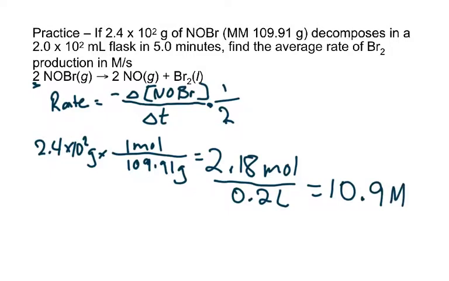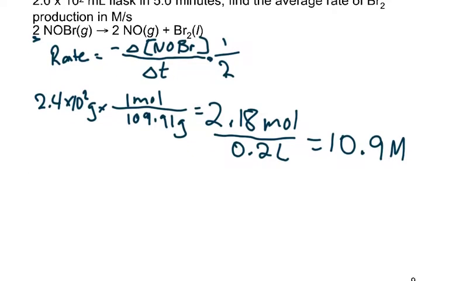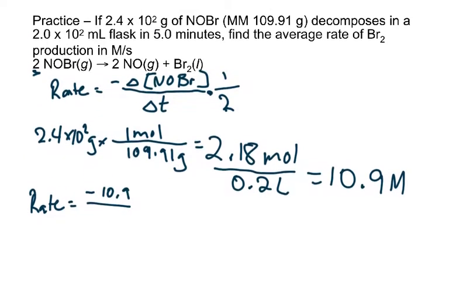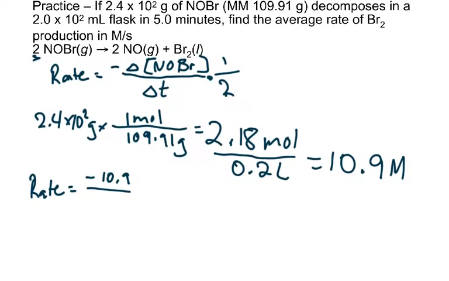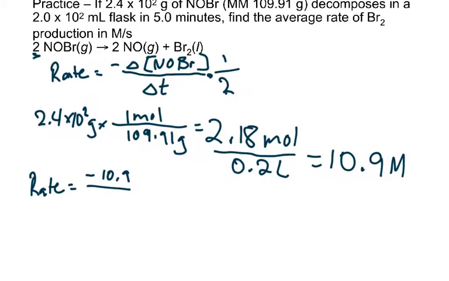And so my rate is going to be negative 10.9 because it fully decomposes, so it goes from 10.9 down to 0, divided by 5 minutes, so 5 minutes times 60 seconds in 1 minute is 300 seconds.